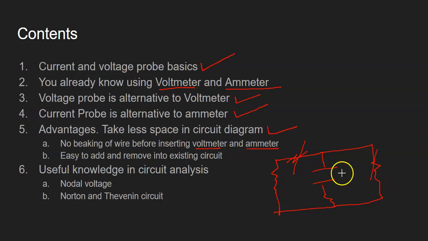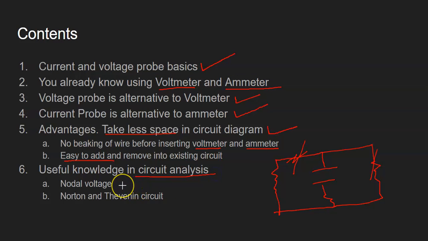Breaking a circuit is not required for a voltmeter. However, just keep in mind that the probes take less space, and you can easily add or remove the current and voltage probe from the existing circuit. The knowledge of using the current and the voltage probe will be helpful to you in circuit analysis.